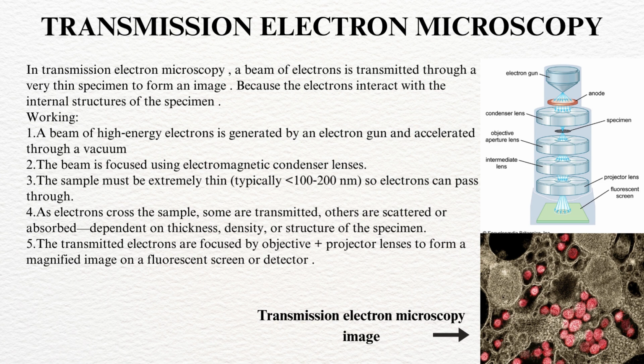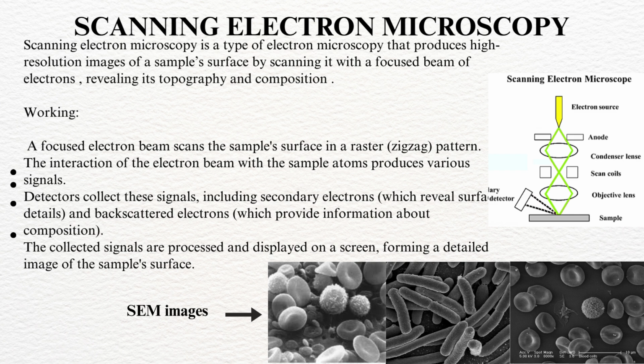The transmitted electrons are focused by objective and projector lenses to form a magnified image on a fluorescent screen or detector. Here is a picture I have added under transmission electron microscopy of a specimen.